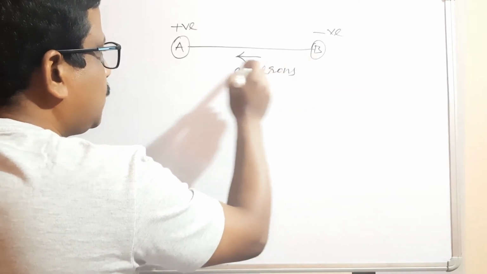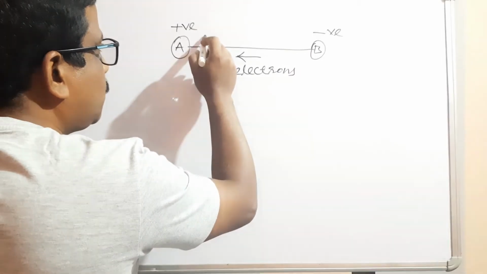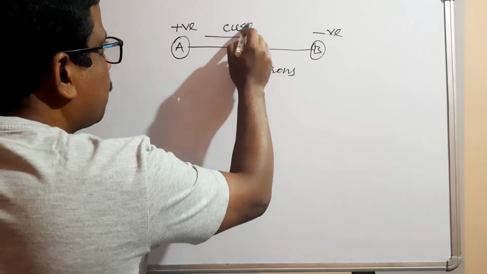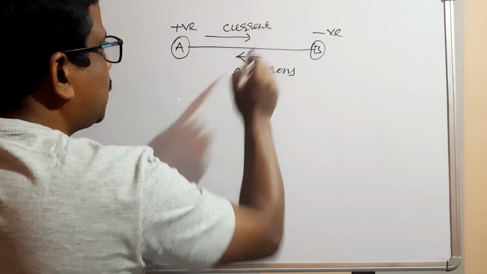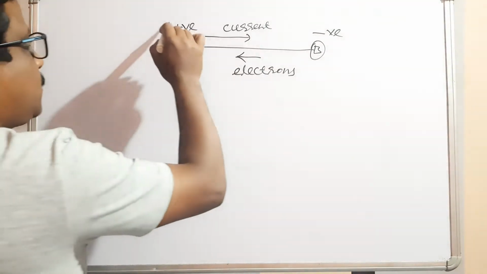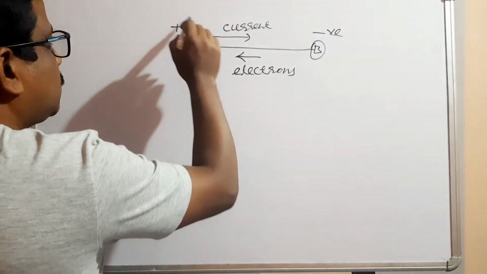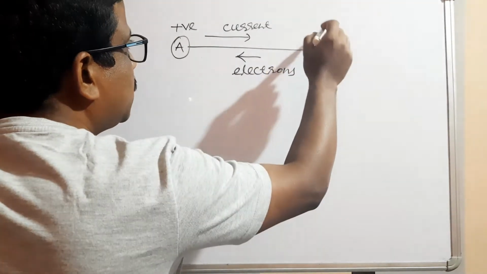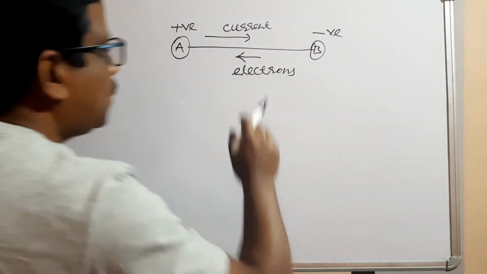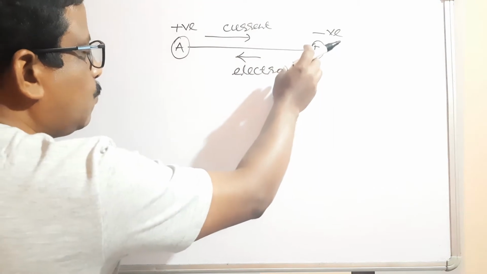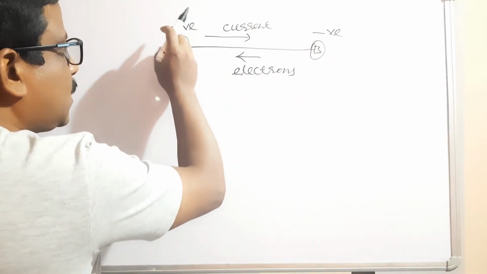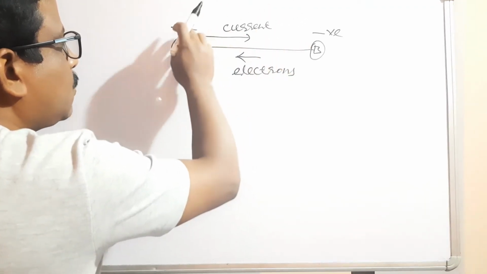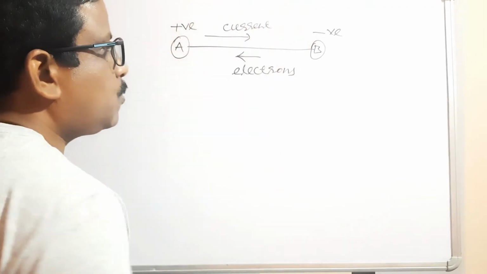The current flows in just the opposite direction, because the positive terminal is considered the higher potential and the negative terminal the lower potential. So current flows from the positive terminal to the negative terminal, or from higher potential to lower potential.